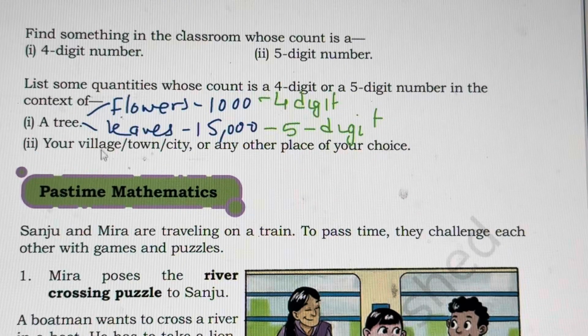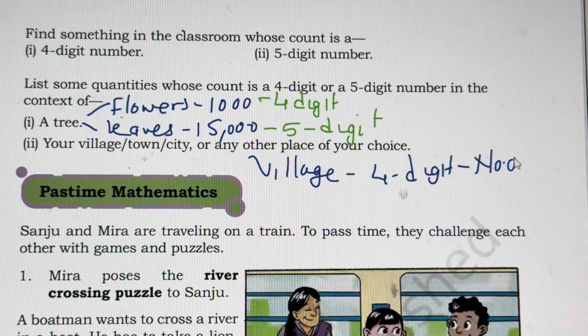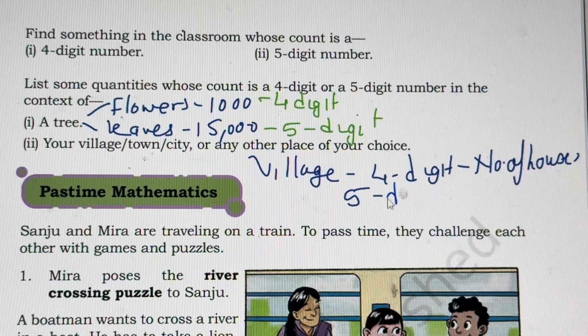Now we have to take an example from the village, town, city, or any other place of your choice. So here suppose we consider a village. A 4-digit number can be the number of houses. And a 5-digit number can be the people living in it.